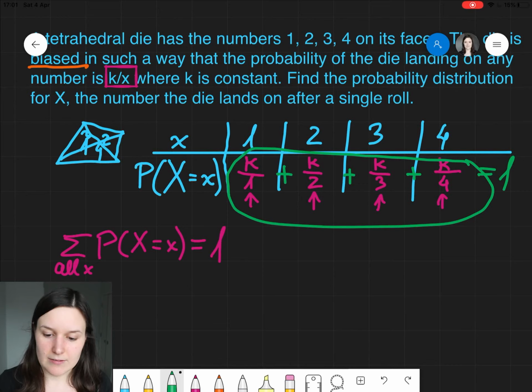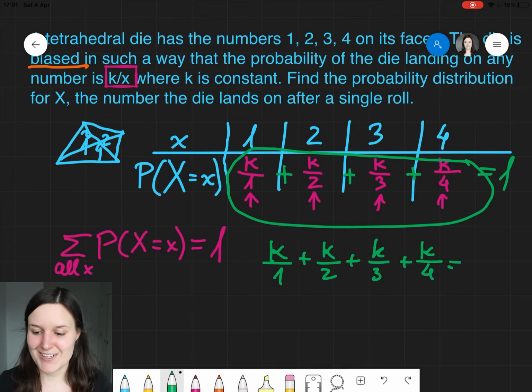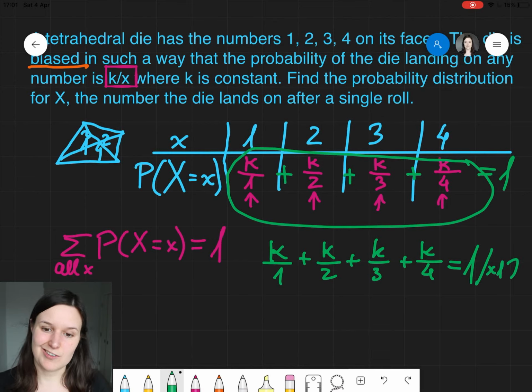So let's write it down. k over 1 plus k over 2 plus k over 3 plus k over 4 is 1. And let's solve this equation. I will multiply everything by 12 to get rid of the fractions, to make my equation easier to solve.